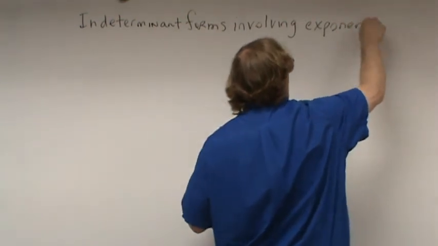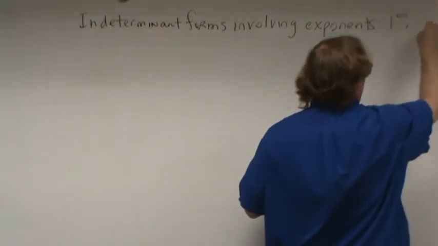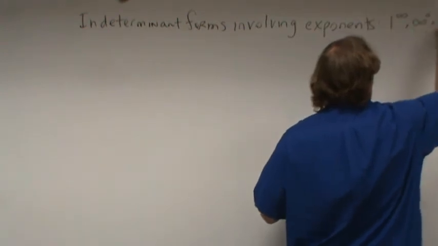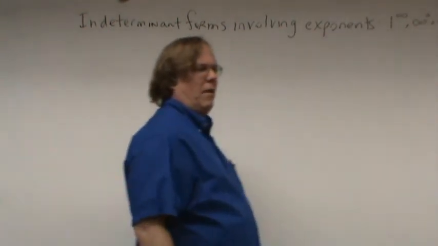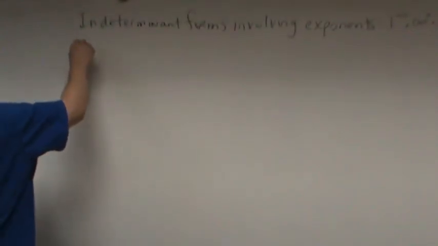Indeterminate forms involving exponents, that is 1 to the infinity power, infinity to the 0 power, 0 to the 0 power, get their own special way of being dealt with that's a little bit complicated. This is the only really hard part of today's lesson.